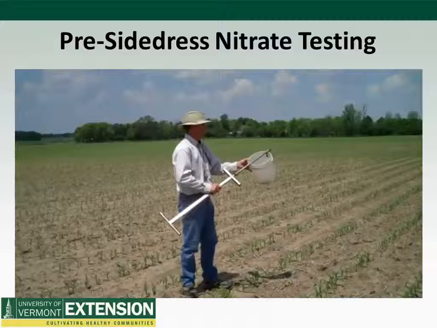Since 1990, the pre-side dress nitrate test has been used by farmers. Some farmers like it, others don't. It's not a very convenient thing to do, to go out when you feel like you should be cutting hay or allocating some of your labor to go out and do this testing when the corn is 6 to 12 inches tall. Especially if you have stony soils, it's less than motivating.